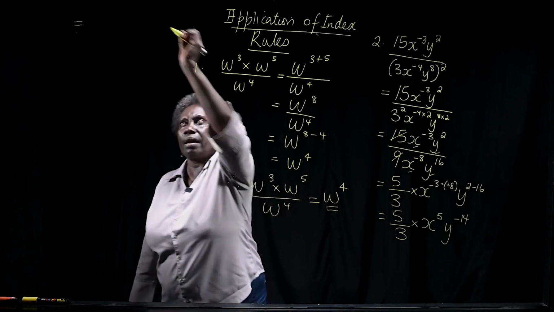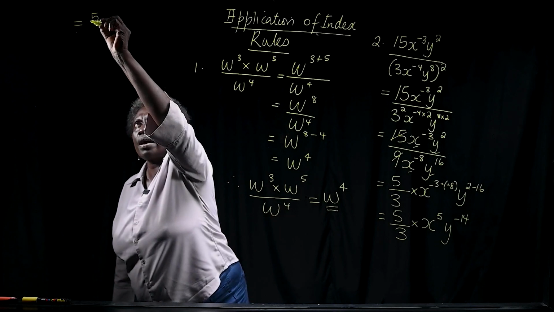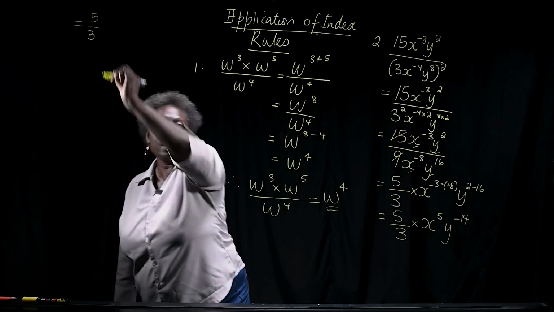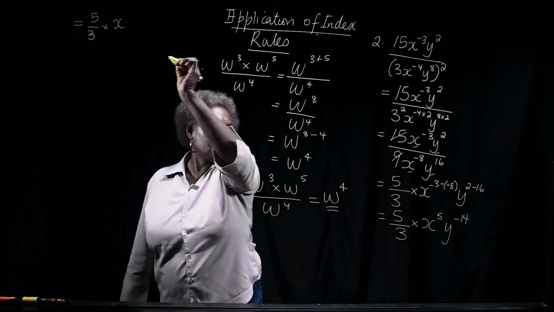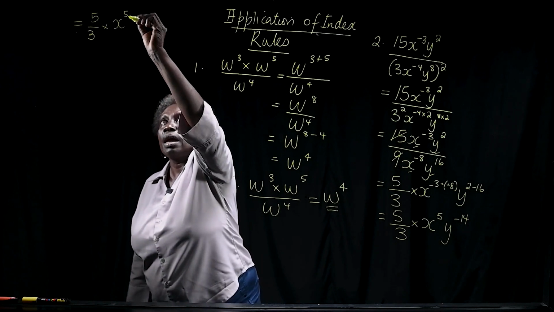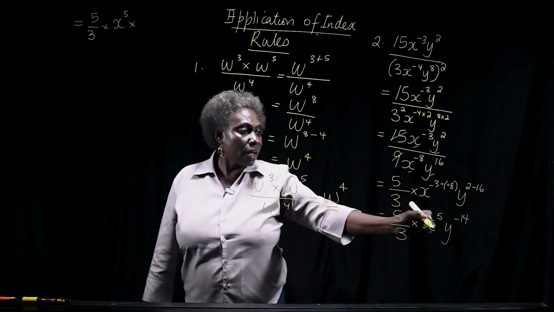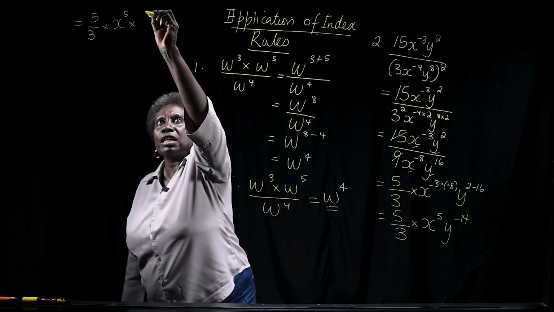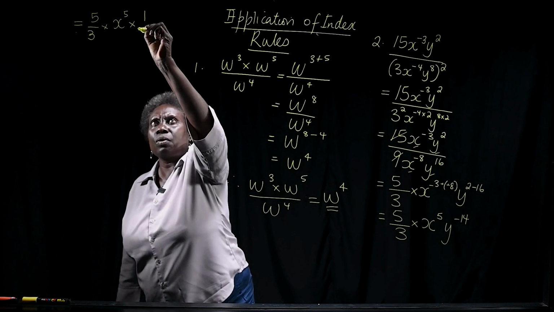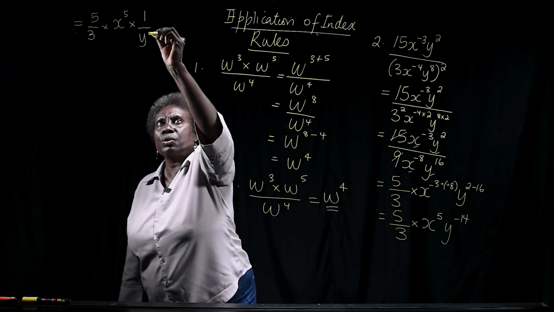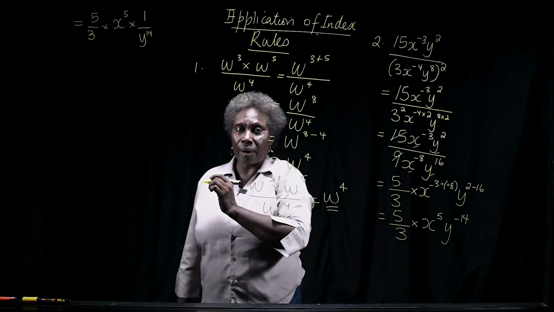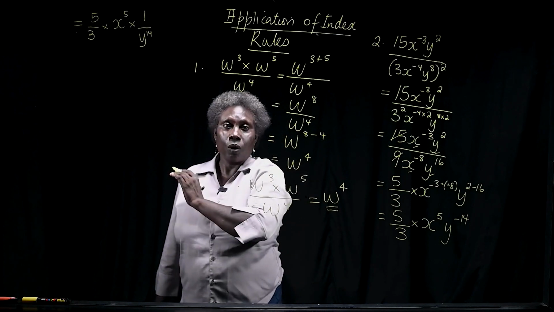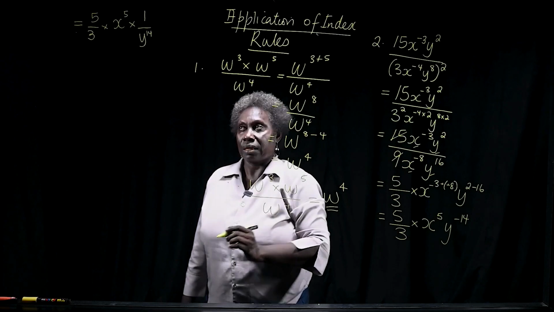Okay, now I have 5 over 3 times x to the power of 5 times y to the power of negative 14 is the same as 1 over y to the power of positive 14. That is when we apply the law of index number 3.